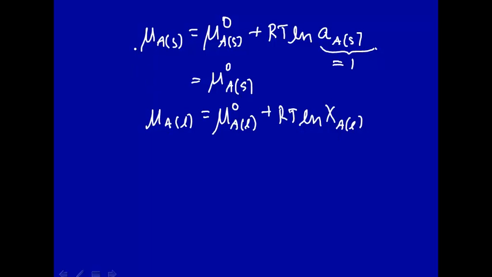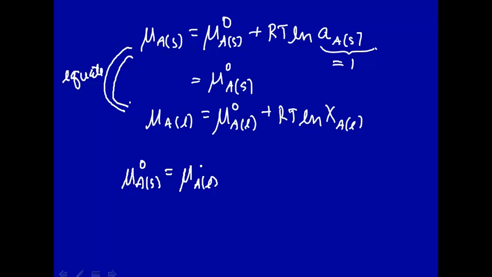All right, so we equate these at equilibrium: the chemical potential of A in the solid state, standard state, is the chemical potential of A in the liquid state, standard state, plus RT times the natural log of the mole fraction of A in the liquid state. You might have noticed I went from activity to mole fraction. This implies the activity coefficient of A is equal to 1.